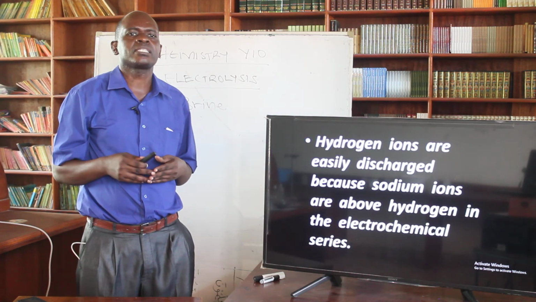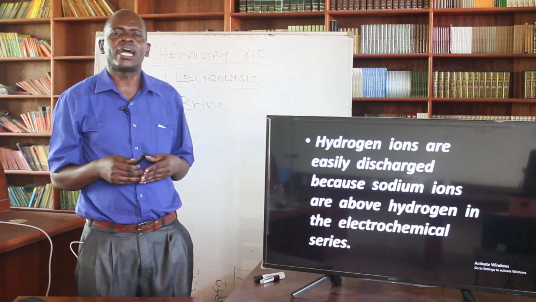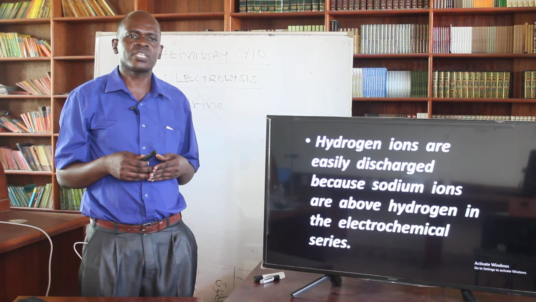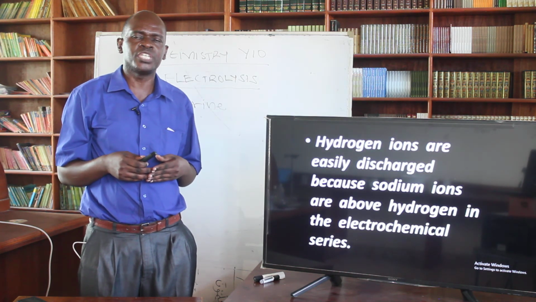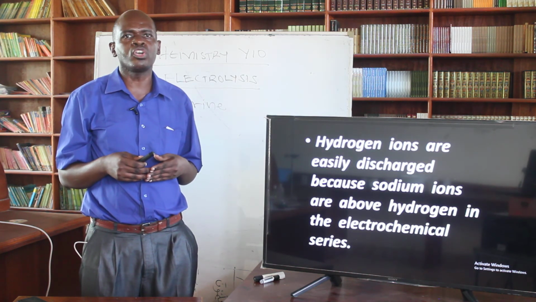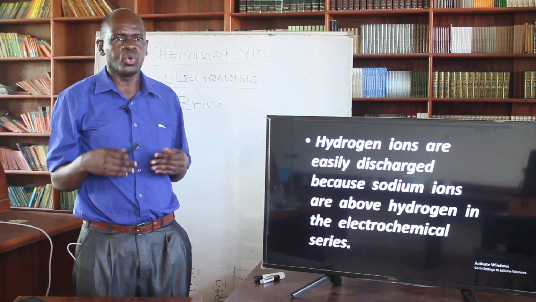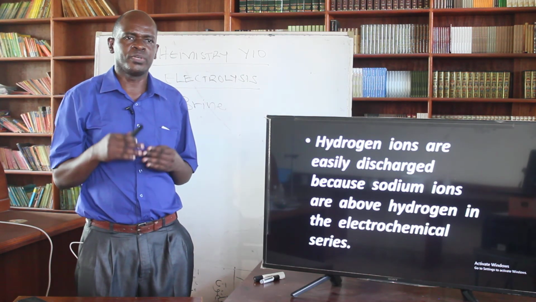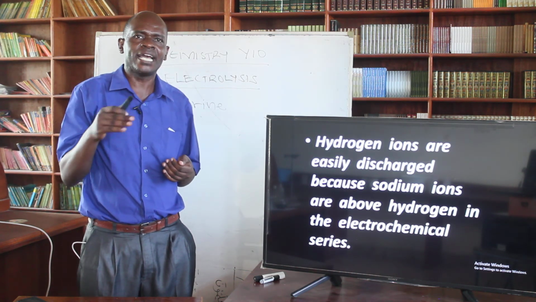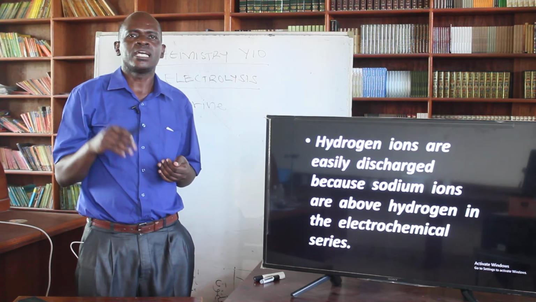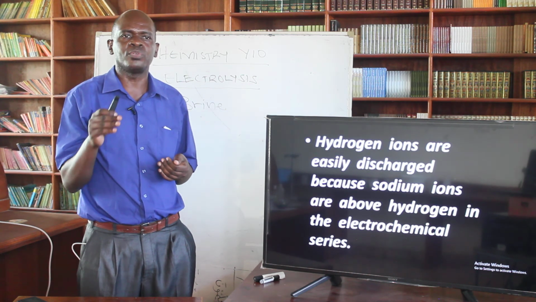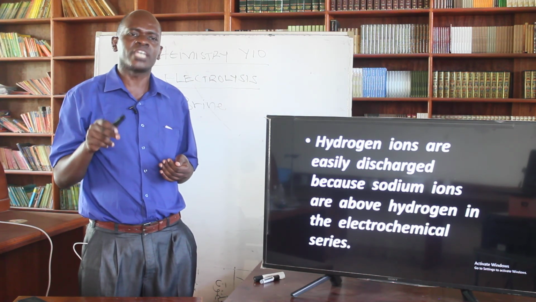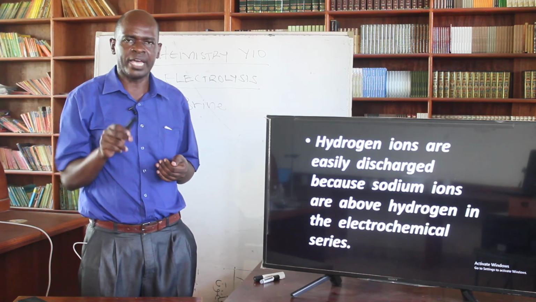So in the case of these two cations, despite the higher concentration of sodium ions in solution, when they go to the same cathode with the hydrogen ions, the hydrogen ions will be discharged rather than the sodium ions.